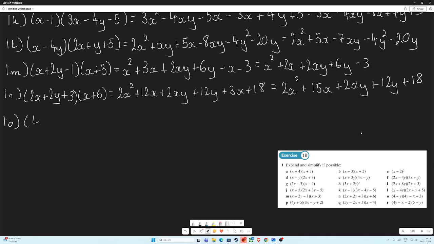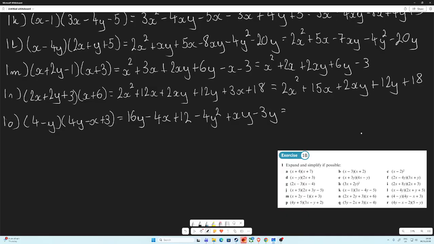1o. 4 minus y times 4y minus x plus 3. So that is 16y minus 4x plus 12 minus 4y squared plus xy minus 3y.